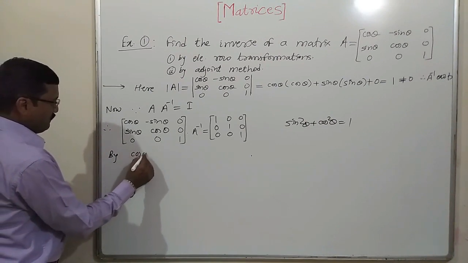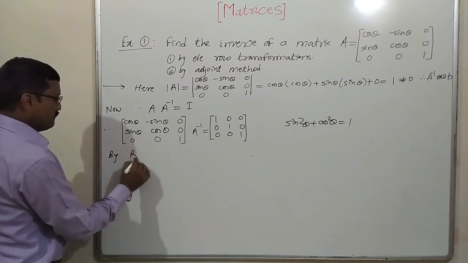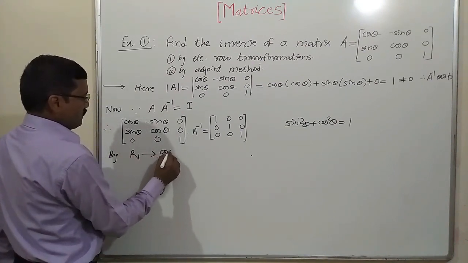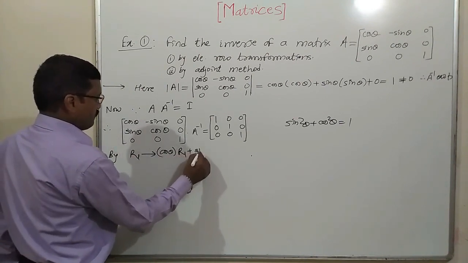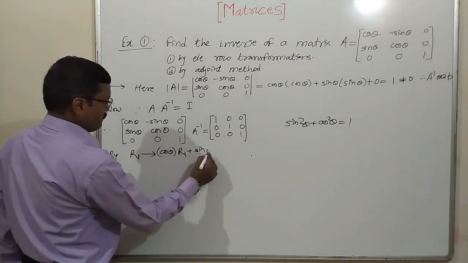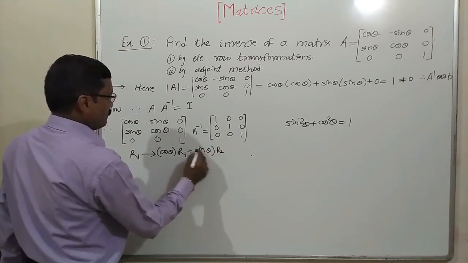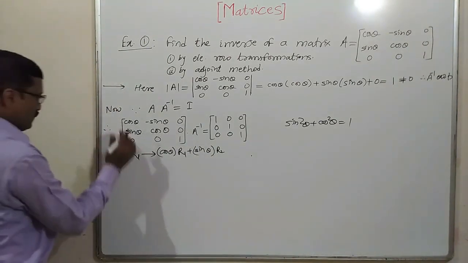So here r1 changes such that cos theta into r1 plus sin theta into r2, so that we get first element as 1.